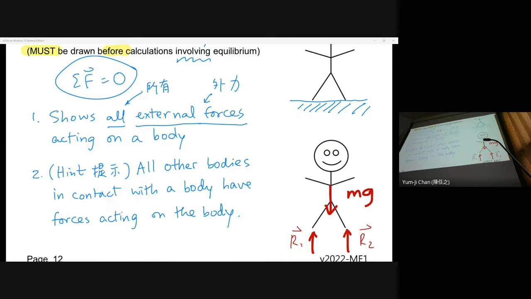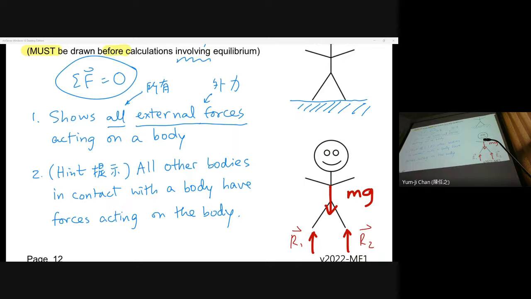Sometimes your seniors are missing the forces that should be drawn. For example, if there should be five, your senior would just draw 3 or 4. If your diagram is wrong, your calculations will be wrong. If your diagram has some forces missing, then your calculations will be wrong, and then your whole answer will be wrong.